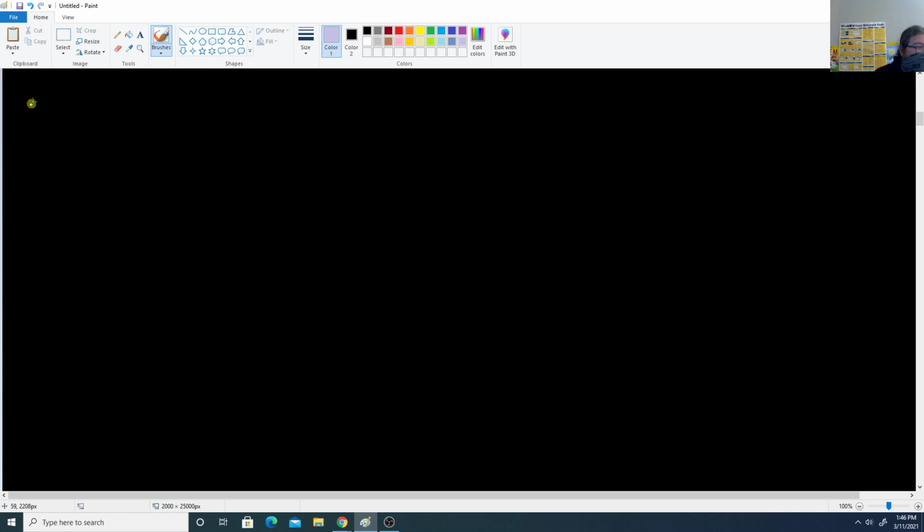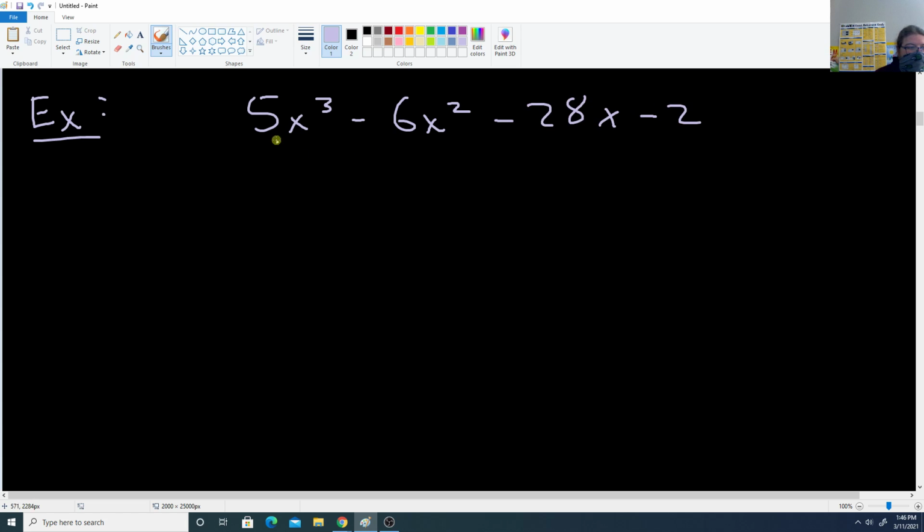So for this example, they give us 5x cubed minus 6x squared minus 28x minus 2, and they want us to divide by x plus 2.